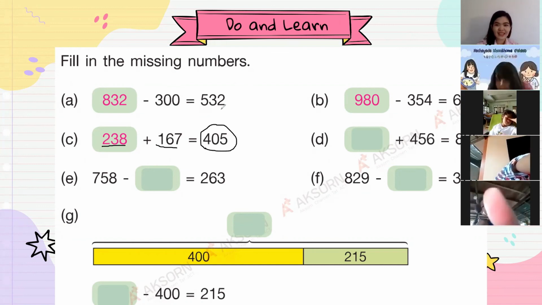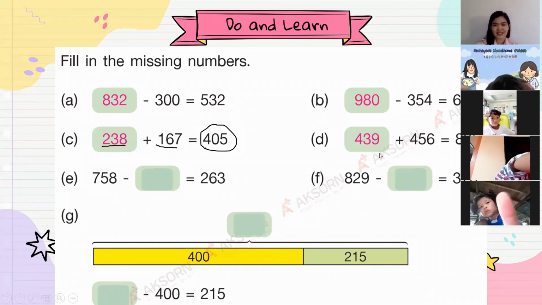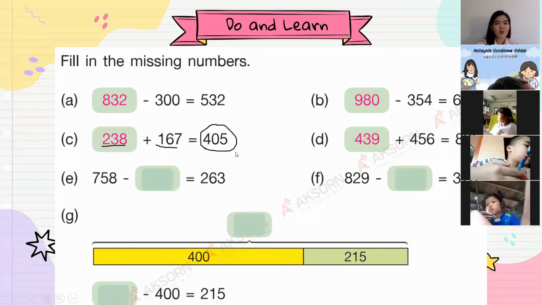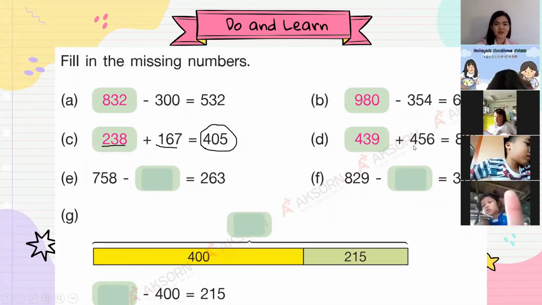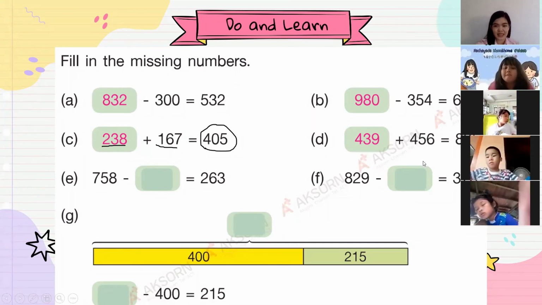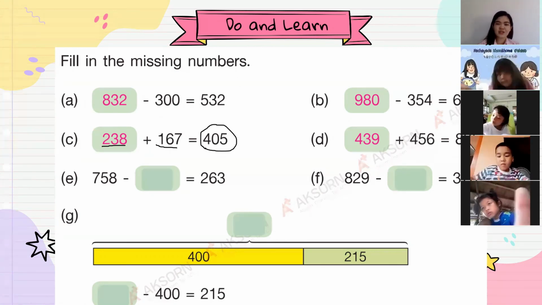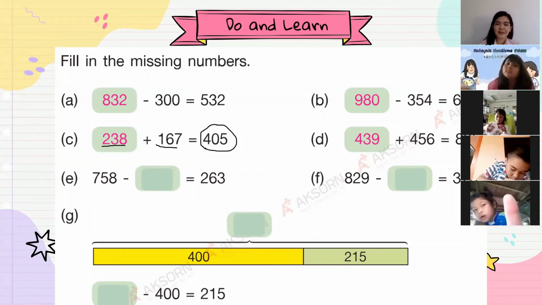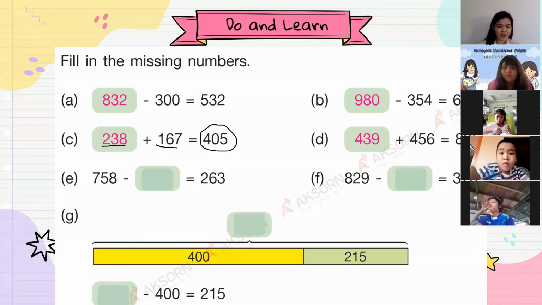So next, letter D. Okay, so you're going to do what we did a while ago. 456 minus 895. So you're going to minus 895 minus 456. So what is the answer?